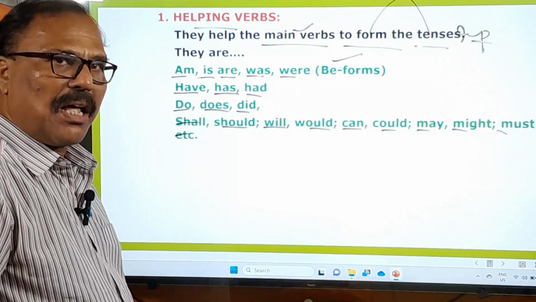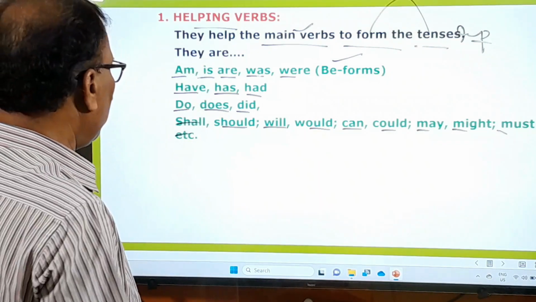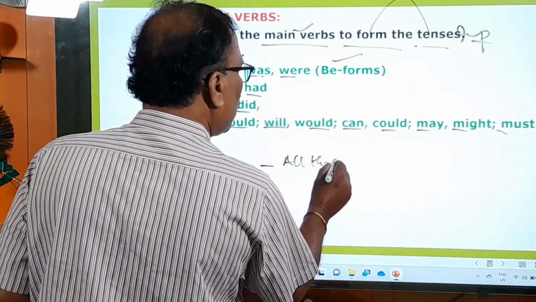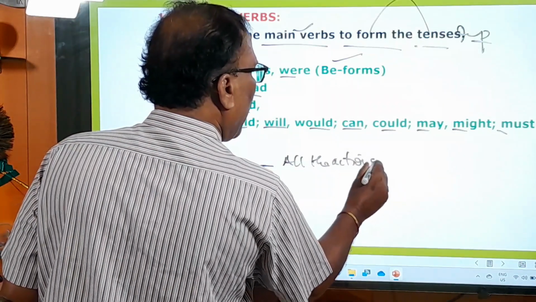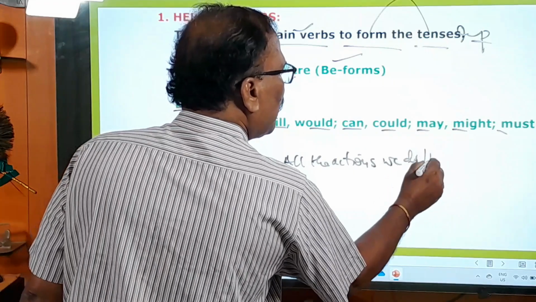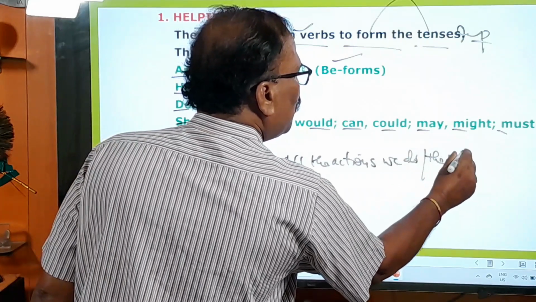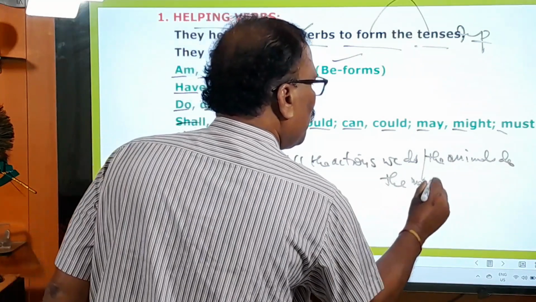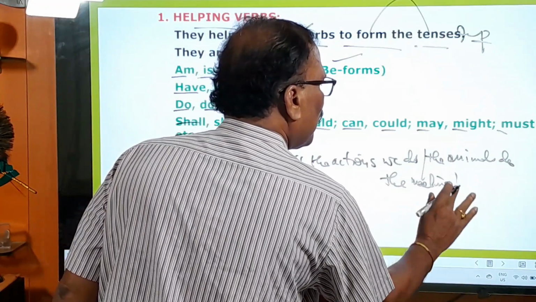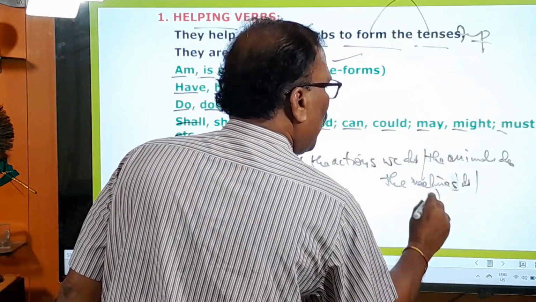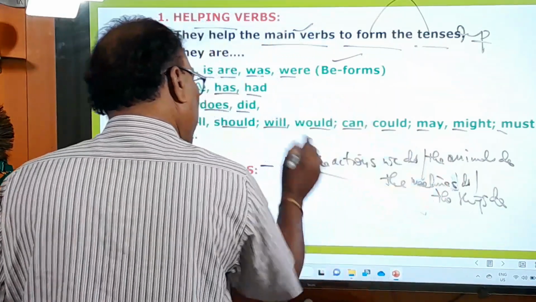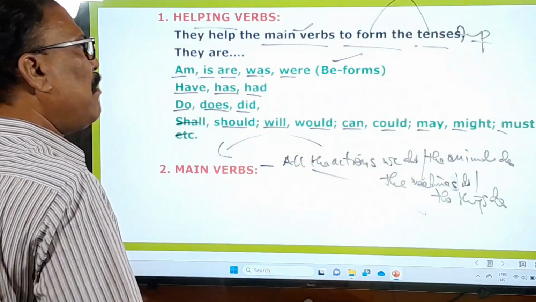And now let us learn about the main verbs. What are the main verbs? Main verbs means all the actions we do, the animals do, the machines do, or the things do. These are called main verbs. And remember one thing.